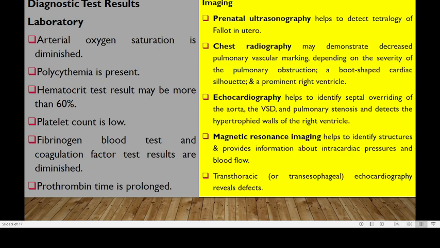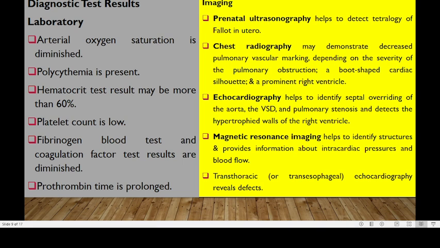We could also do echocardiography, which helps to identify the septal overriding of the aorta and the ventricular septal defects, along with pulmonary stenosis, and will detect the hypertrophied walls of the right ventricle.